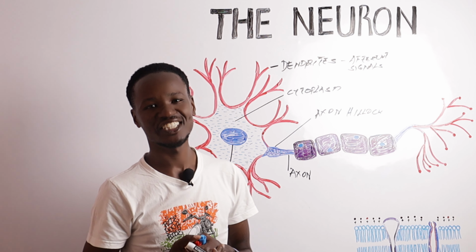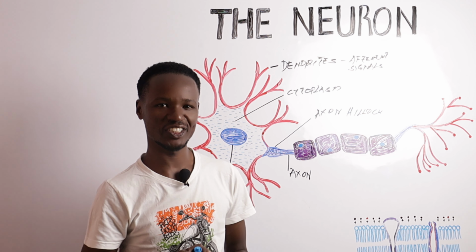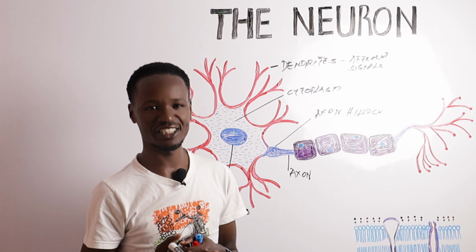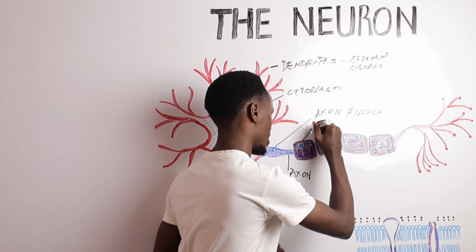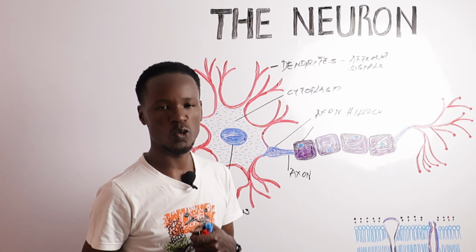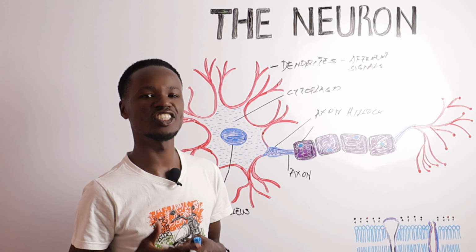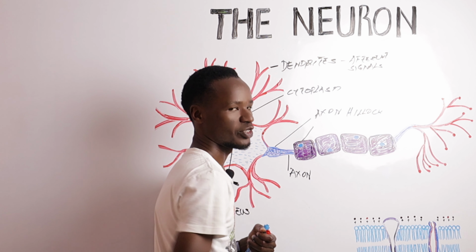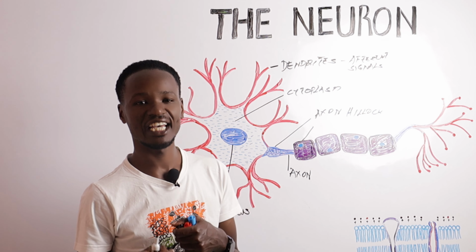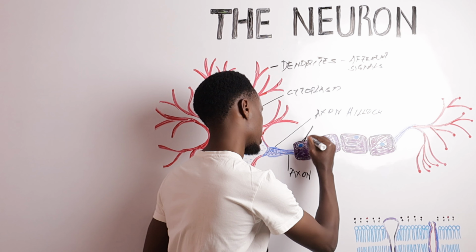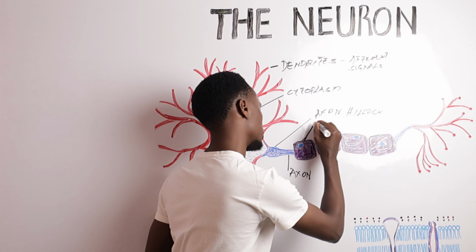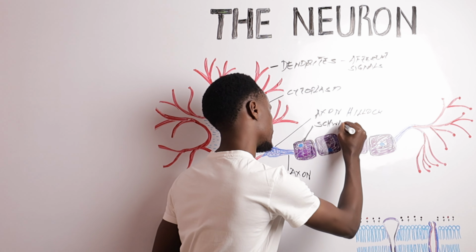Because the axon is carrying electrical signals, is there a need for it to be insulated? Yes. This structure that you are seeing here insulates the axon because it is carrying electrical signals. It is made of specialized cells called Schwann cells.